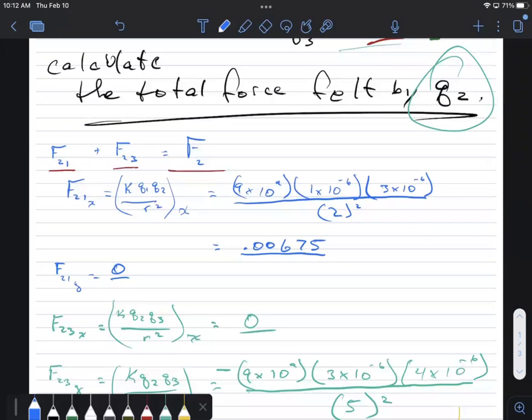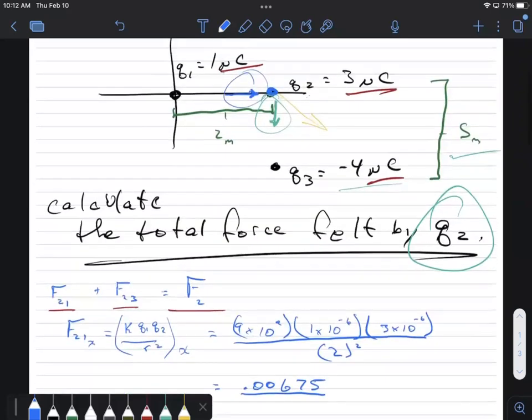Remember, all the numbers are positive here because I'm going to put the negative or the positive afterwards. And then I have to make sure that if I'm looking at the X component, I'm only calculating the X piece of the force. In this case, because charge 1 and 2 are already lined up horizontally, I know the total force is the X component. There's no Y component of that force.